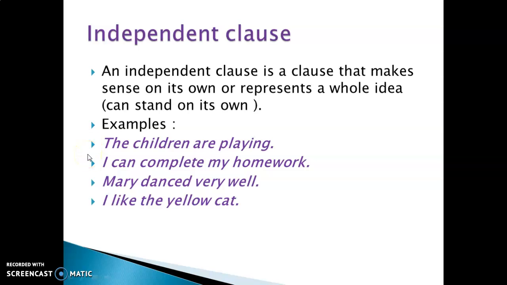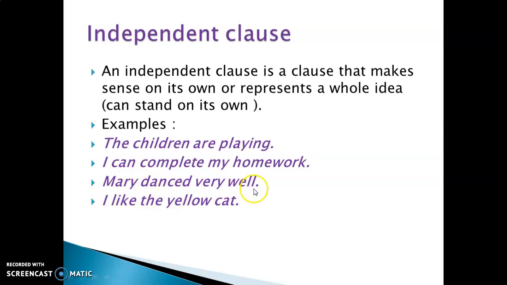For example, the children are playing. You will know what the children are doing because you have the subject, the children, and the verb, playing. I can complete my homework. I, subject, complete, verb.